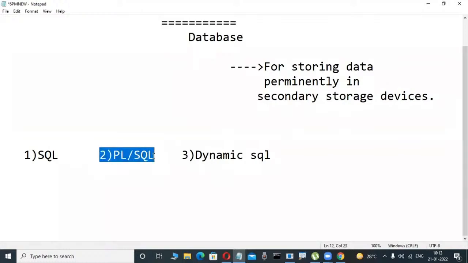Why is this language required? Because of so many applications. For example, if you are a first-time newcomer, concentrate here on how you can understand it. Just for the idea, I will tell some applications.